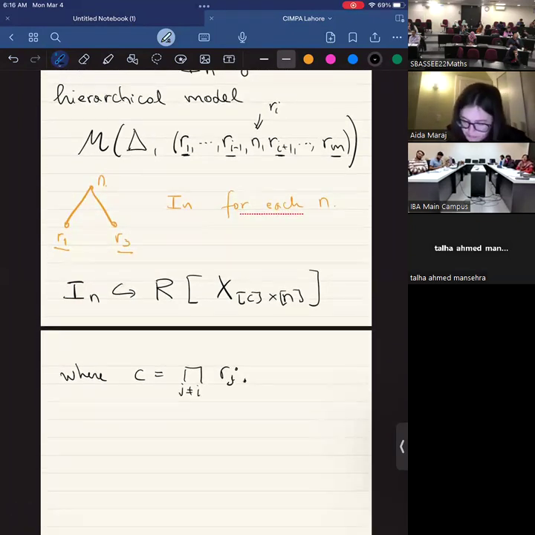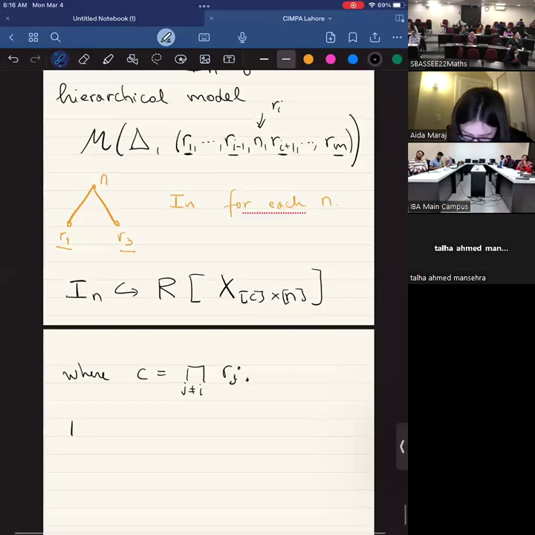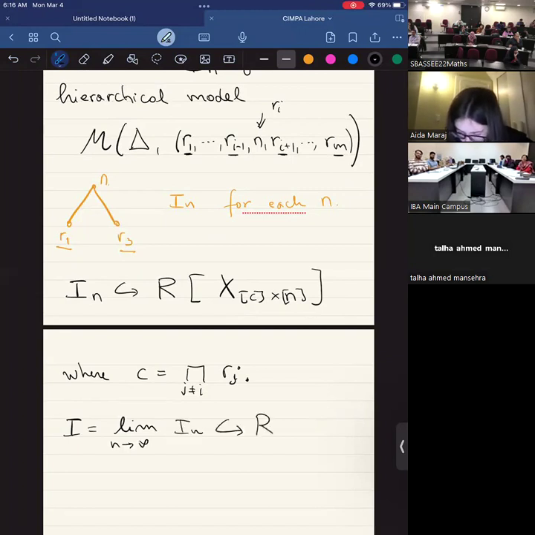Then we take I to be the limit as N goes to infinity of IN, and this one is embedded in this R of X, C times N.